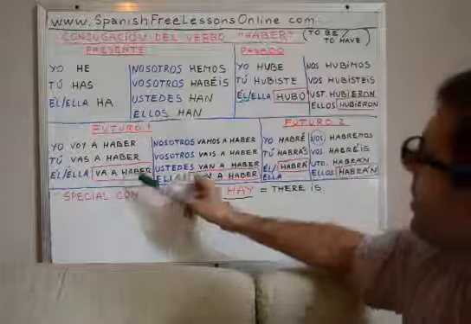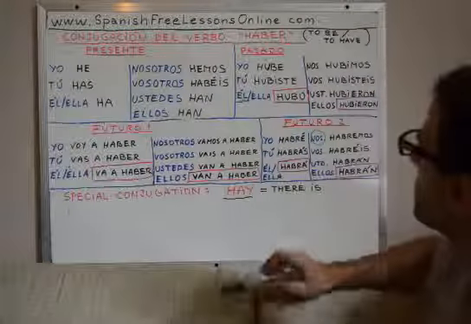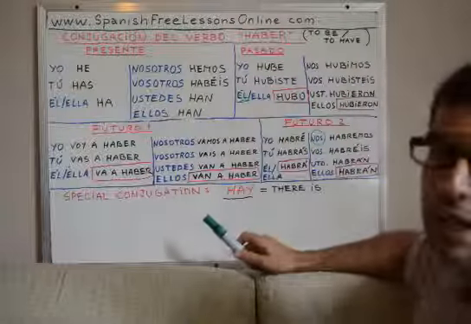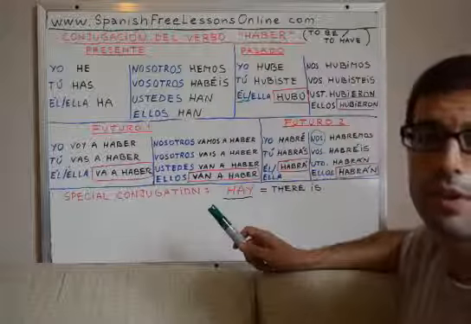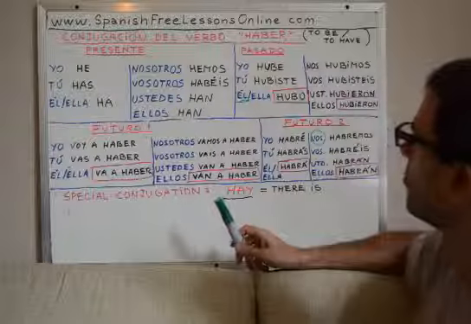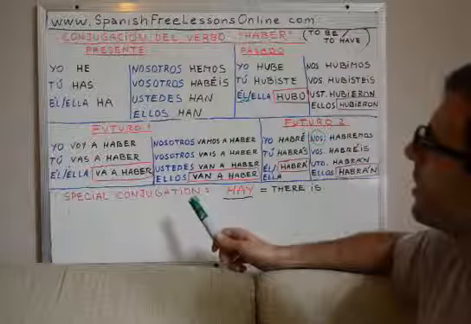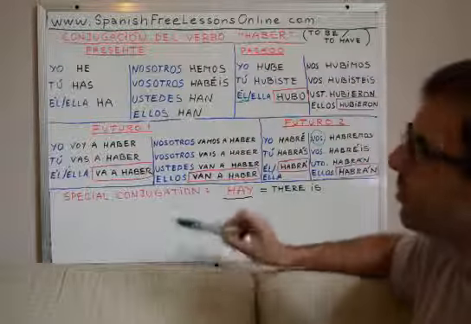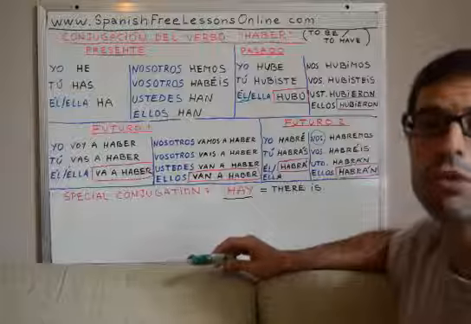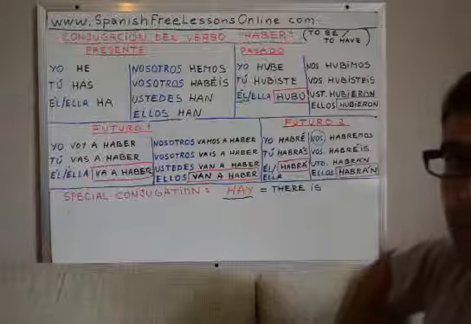And why have I marked these in red? Because these correspond to he or she, and also to the subject pronoun it in English, for the abstract also. Let's see. There was a storm: we would say hubo una tormenta.